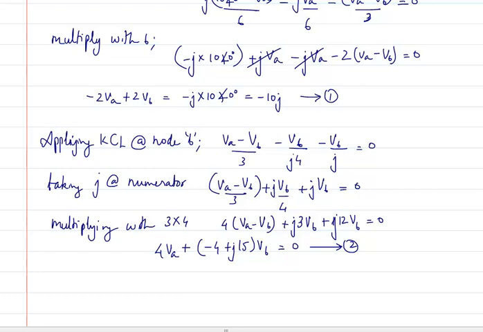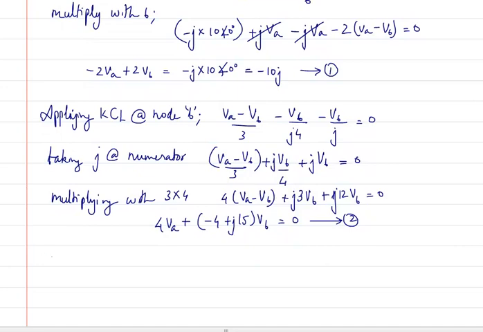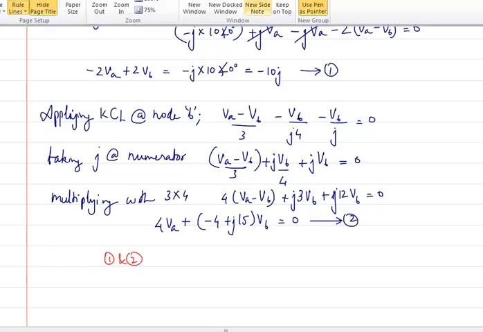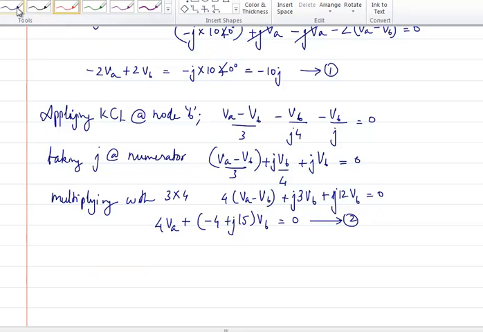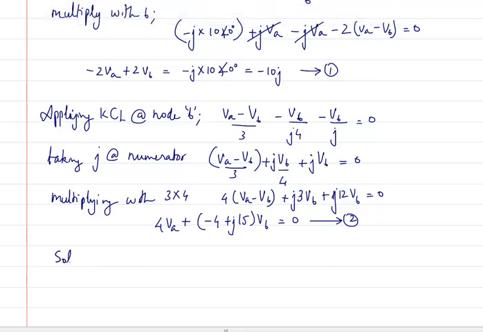Okay, the last part is basically solving equations 1 and 2 using the determinant method, using matrix. So first I have to write the matrix.